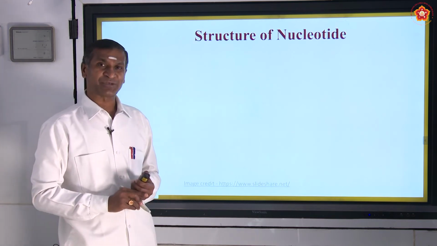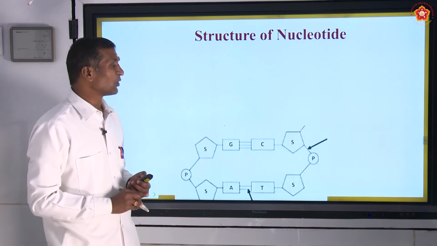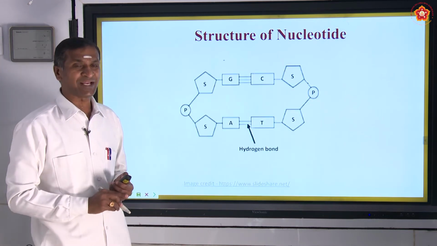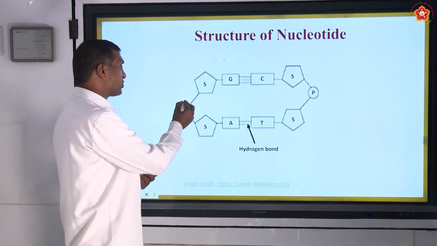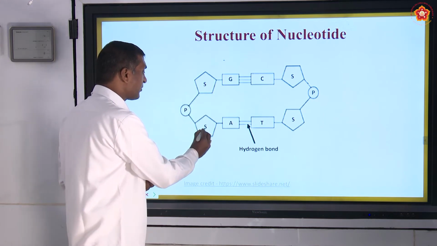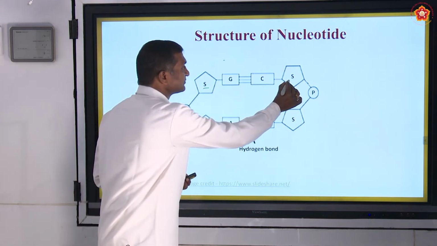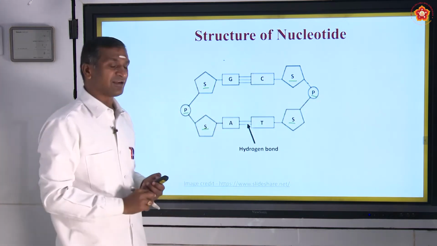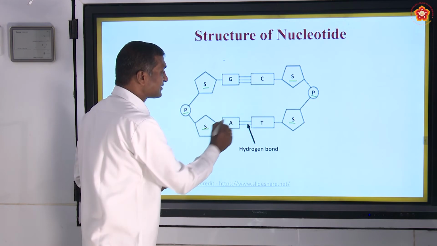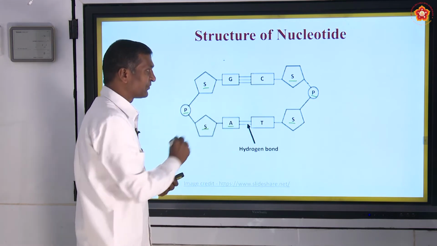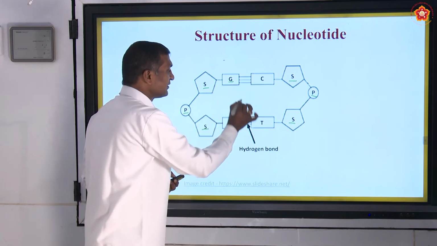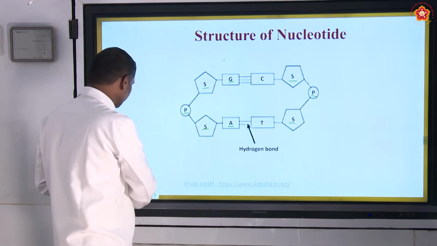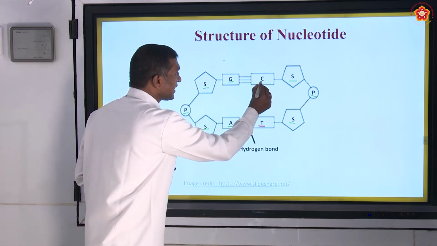Structure of nucleotide. As we already know, it is made up of 3 components. We have the pentose sugar, the phosphate group, and also the nitrogen bases: adenine, guanine, thymine, cytosine.